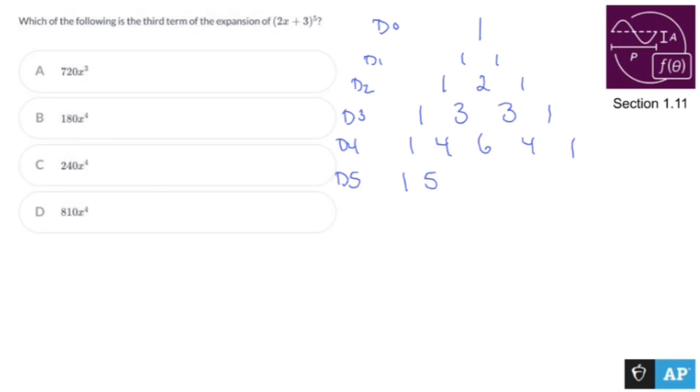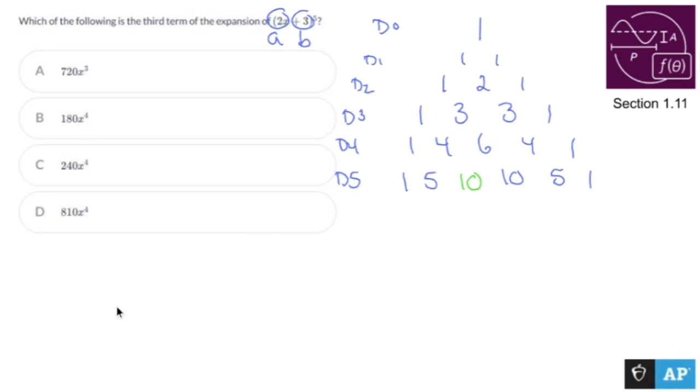Let me make you a special color because we care about the third term. 10, 5, 1. You basically set this guy as your A, set this guy as your B, and you go along with the motions.